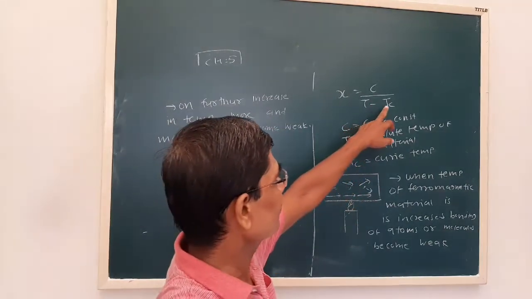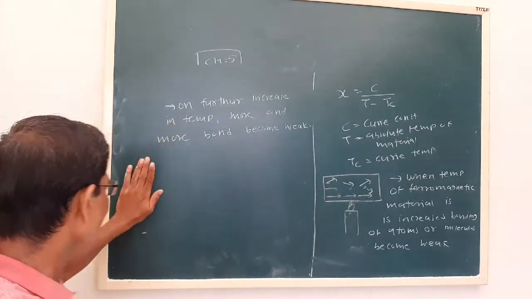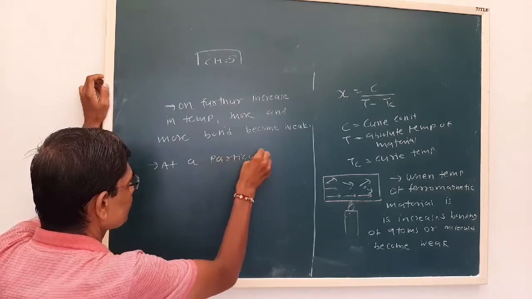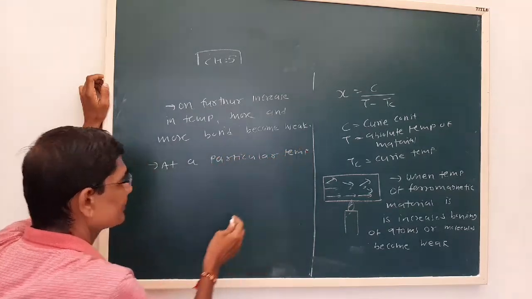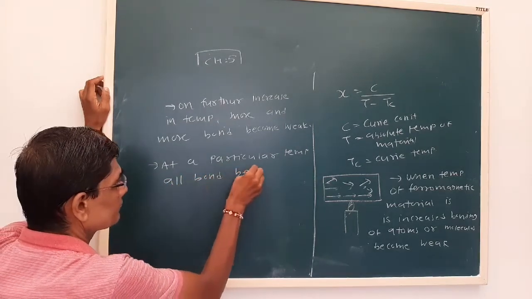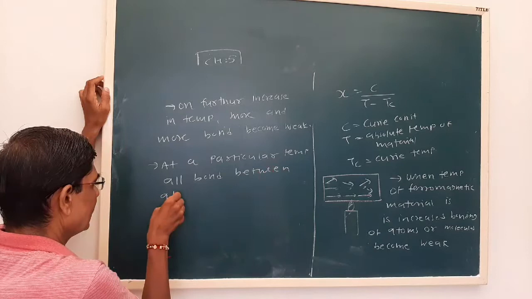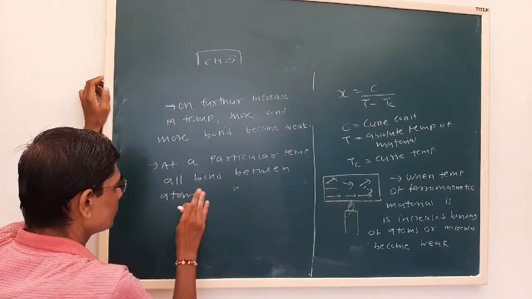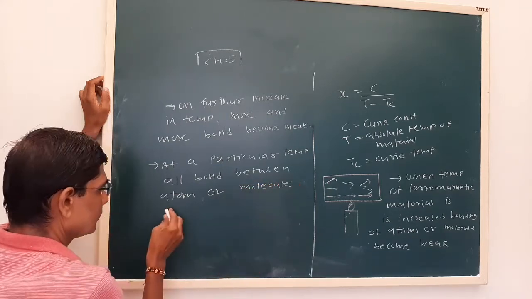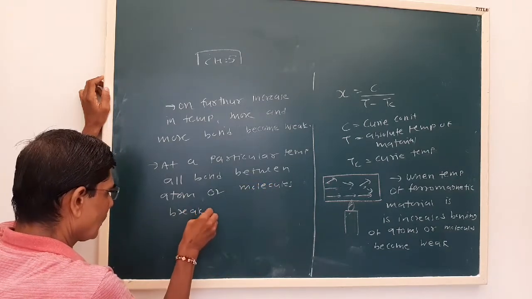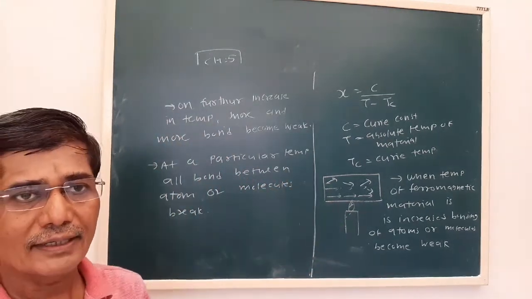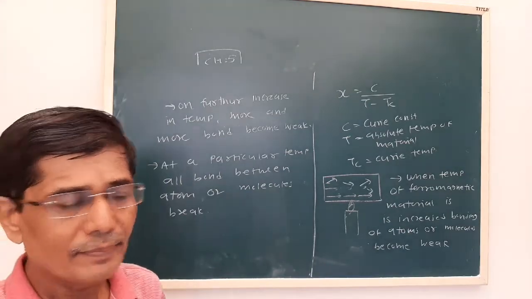That temperature is called Curie temperature. At a particular temperature, when all bonds of atoms break, the ferromagnetic material is converted into paramagnetic material.